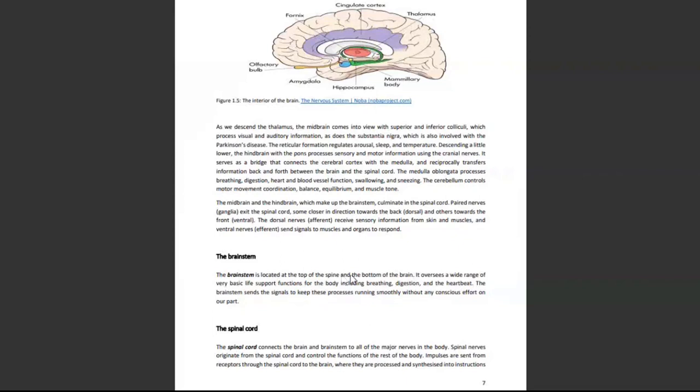Let's repeat: the main function of the brainstem is a short function compared to the brain, which is too detailed. They say it oversees a wide range of very basic life support functions for the body, including breathing, digestion, and the heartbeat.